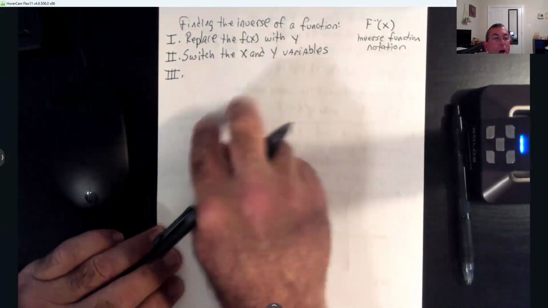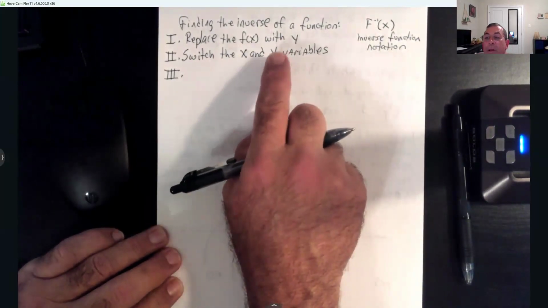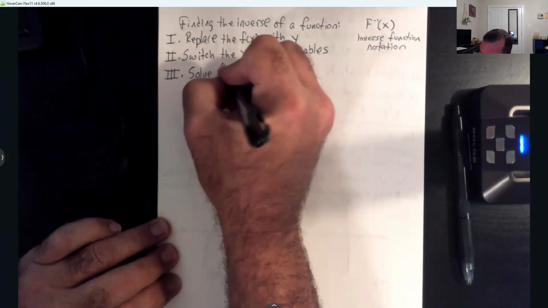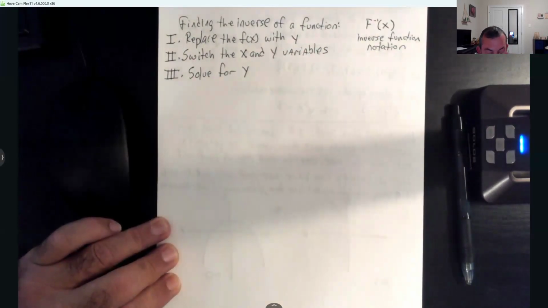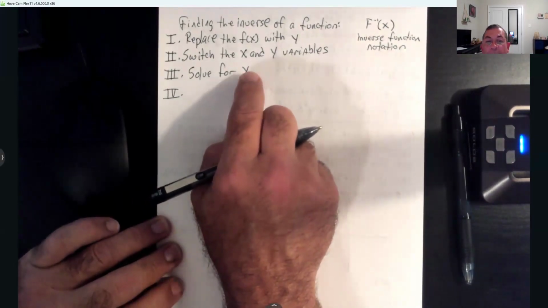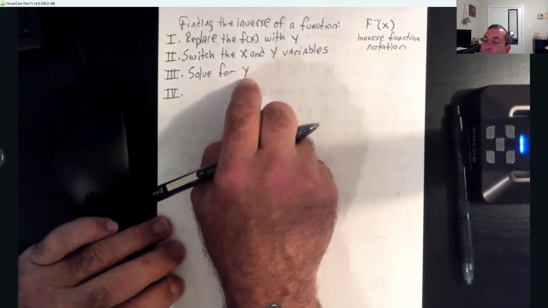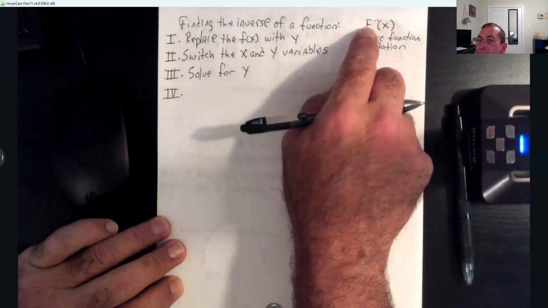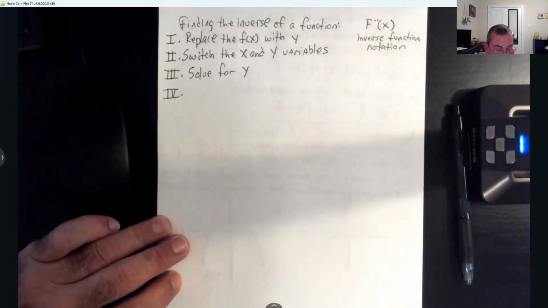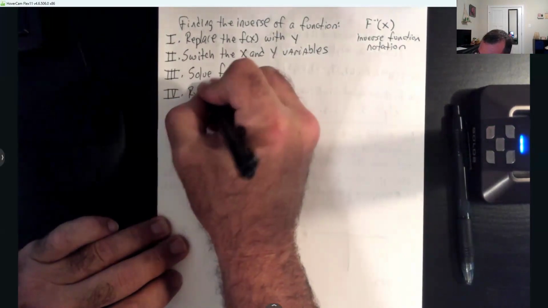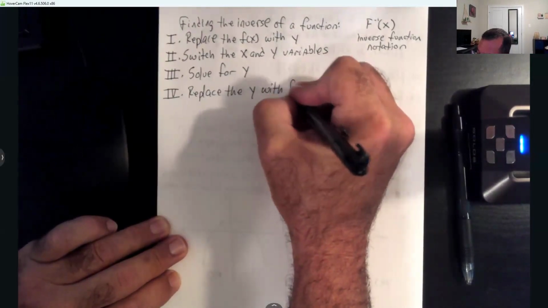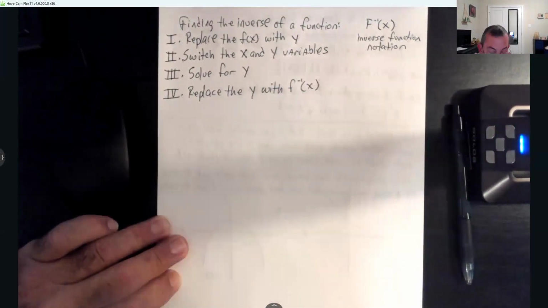Now, since we've got that x and y switched, we will now solve the equation for the y. So we're going to solve for y. Once I solve for y, I'm pretty much done. But now I'm going to replace the y with this f-1 of x notation since it's the inverse function, okay? So I will replace the y with f-1 of x.